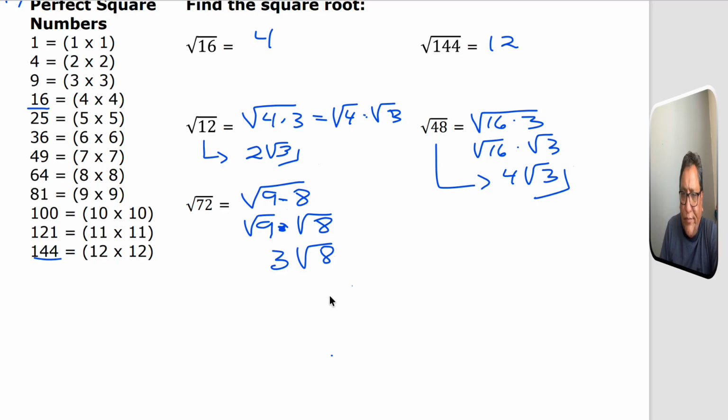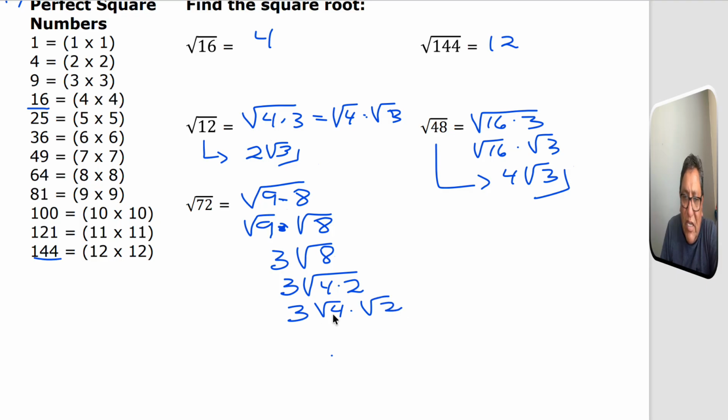So, what do you mean? Yes, because 8 you can divide by 4. In other words, inside of the radical, I have 4 times 2. So it means I can split it as 3 times the square root of 4 times the square root of 2.